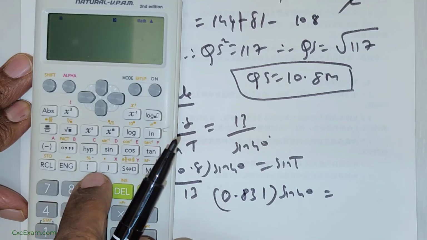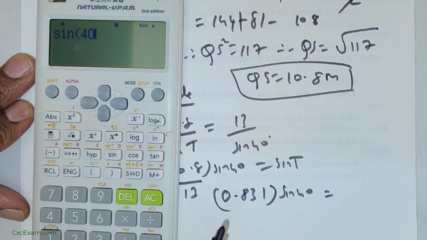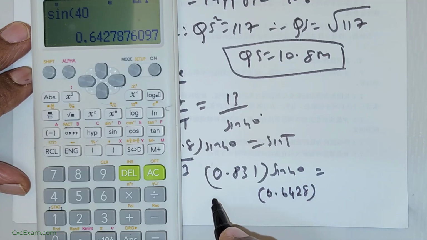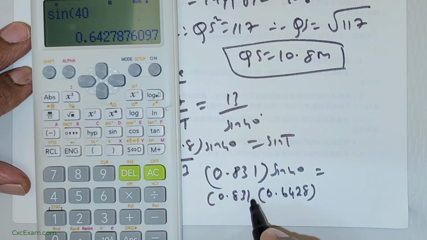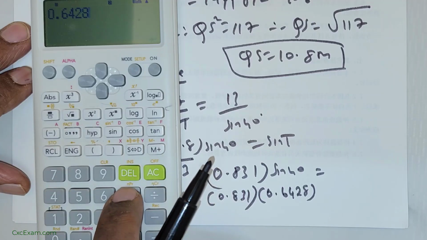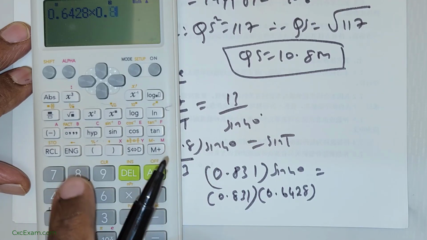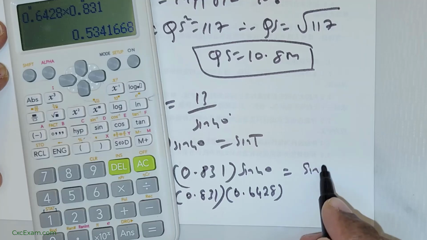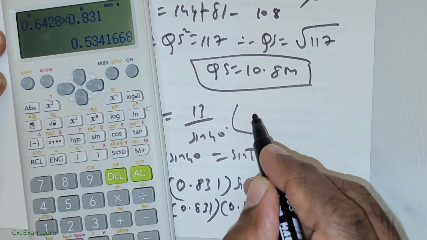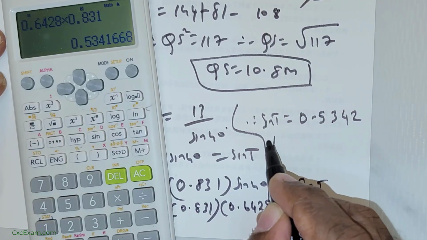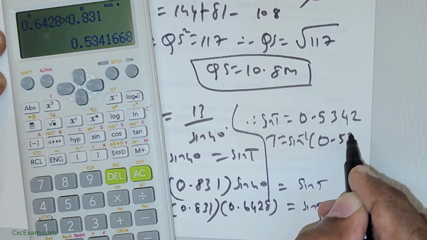Sine of 40 is 0.6428, multiplied with 0.831. So therefore sin T is 0.5342. T is equal to sin inverse of 0.5342.